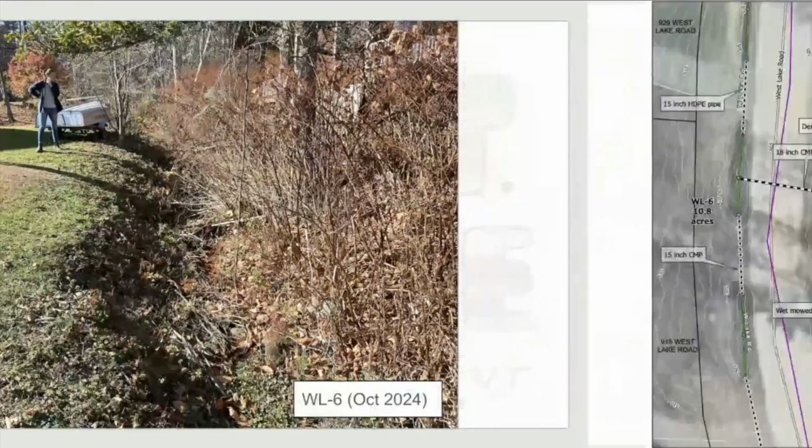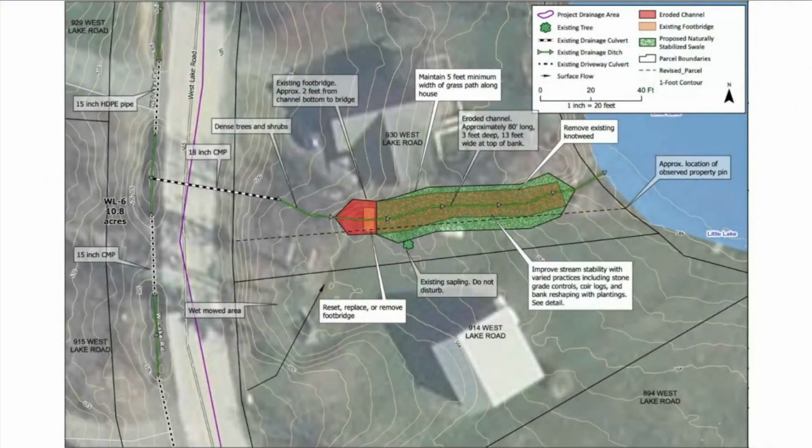So I'm going to jump ahead to the plan view. This is also a pretty good sized drainage area. It's 10 acres and definitely public road here, I assume, at this point.